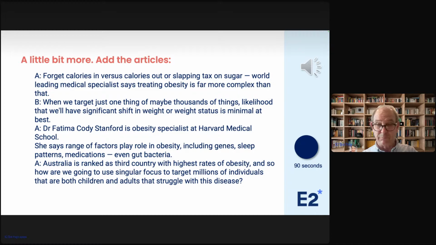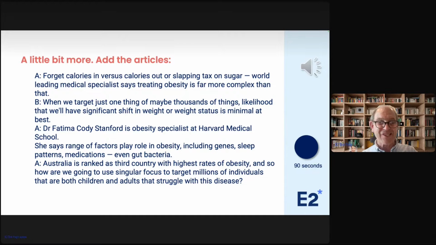She says a range of factors play a role in obesity, including genes, sleep patterns, medications, even gut bacteria. Australia is ranked as the third country with the highest rates of obesity. And so, how are we going to use a singular focus to target the millions of individuals that are both children and adults that struggle with this disease?